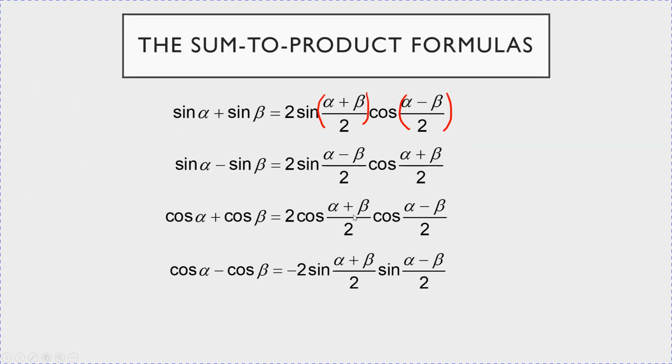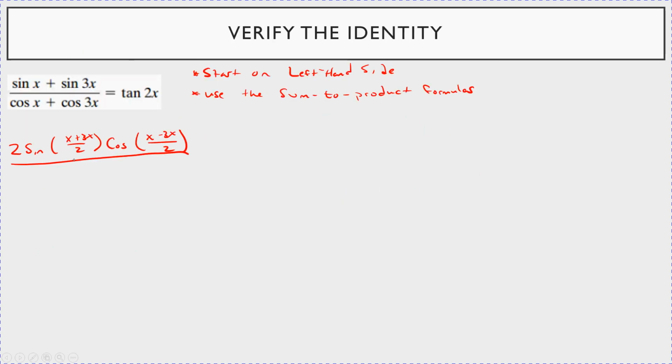It's 2 cosine of alpha plus beta divided by 2 times cosine of alpha minus beta divided by 2. So this is 2 times cosine of x plus 3x over 2 times cosine of x minus 3x over 2. And I'm hoping that this is going to simplify to tangent of 2x.